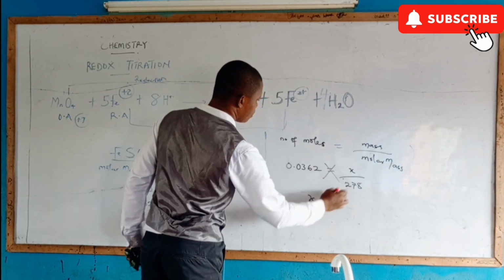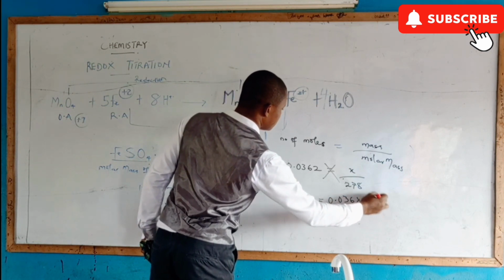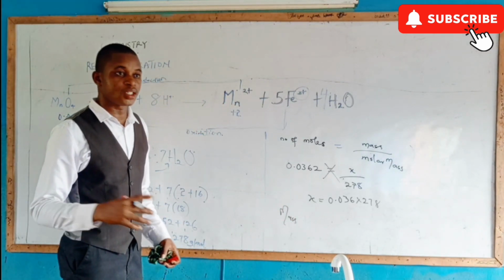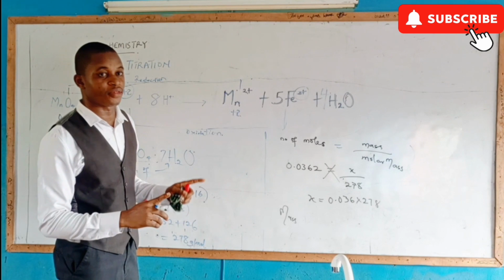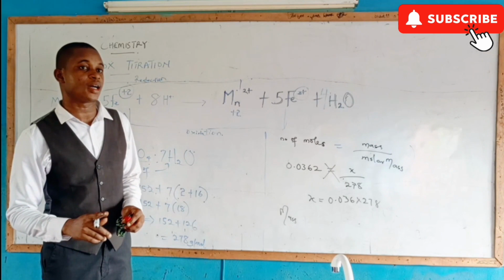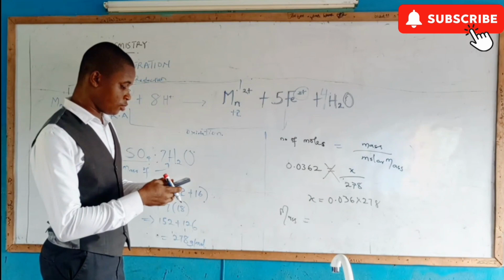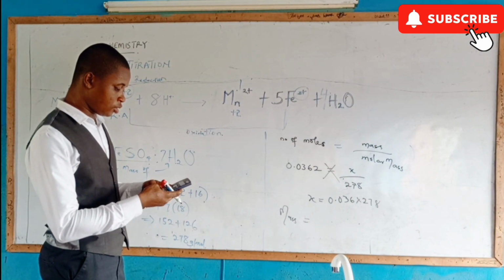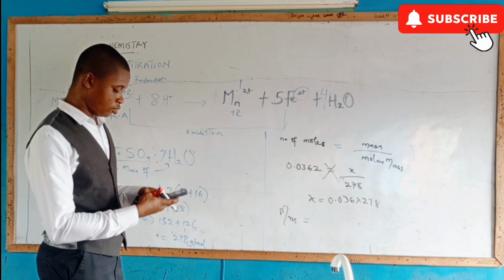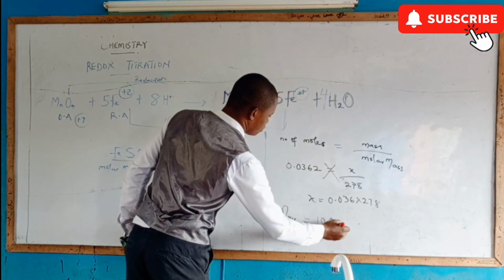When we cross multiply, we have x equals 0.036 times 278. Therefore, the mass that will be required to mix up in 1 dm cube of that very solution of iron 2 tetraoxosulfate hexahydrate is, using your calculator, 10.06 gram.